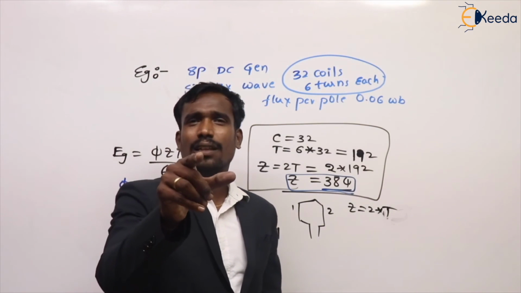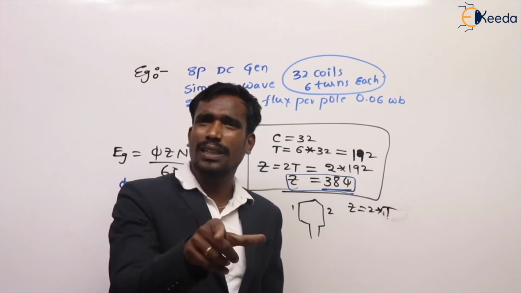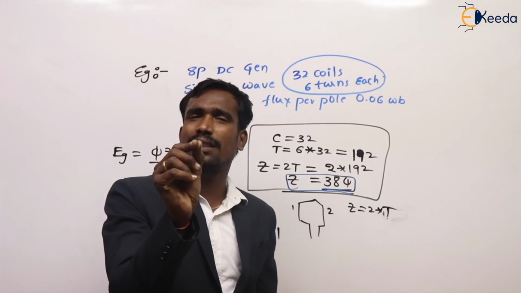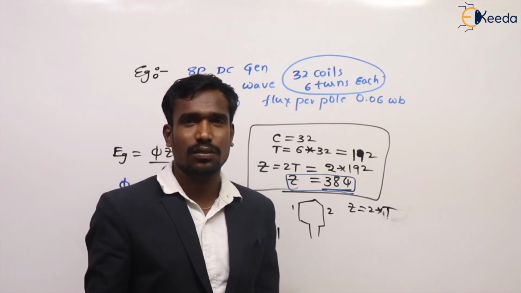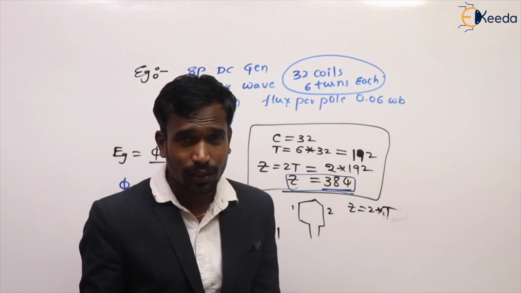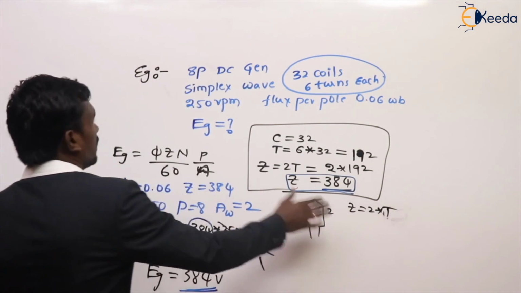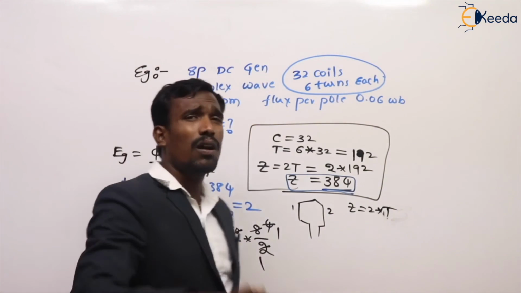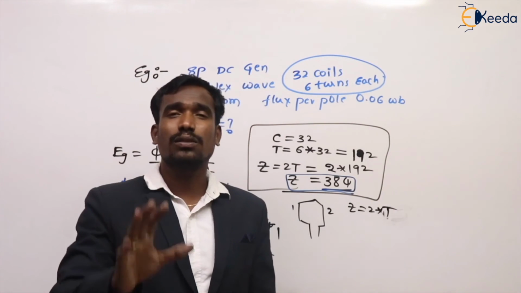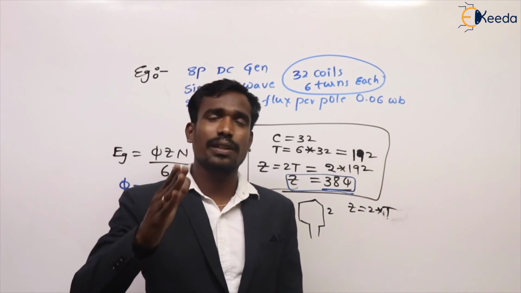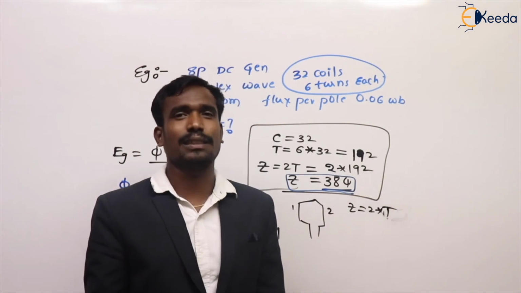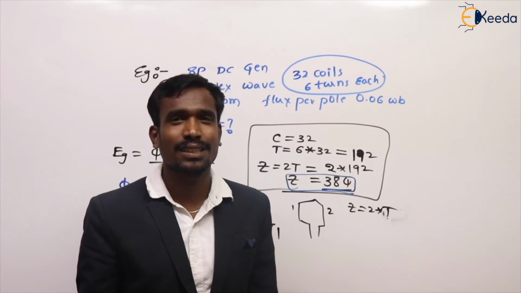Whatever you do, what you get as the answer is there in your options. Is it okay? So this is simply the example on the EMF equation, which is very important. Like these questions, they will ask you in your competitive examination. Right? Thank you.